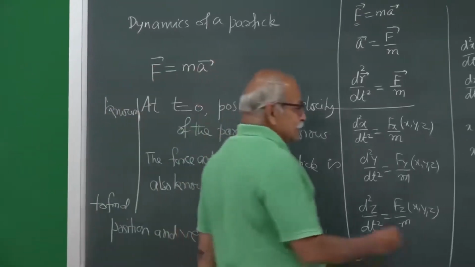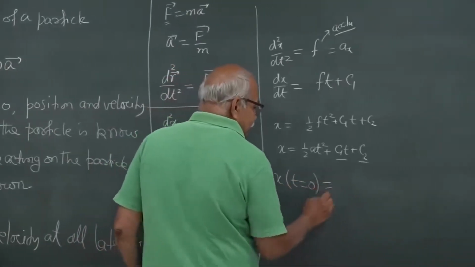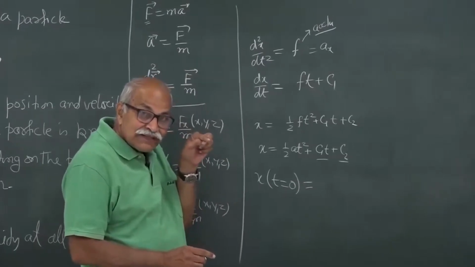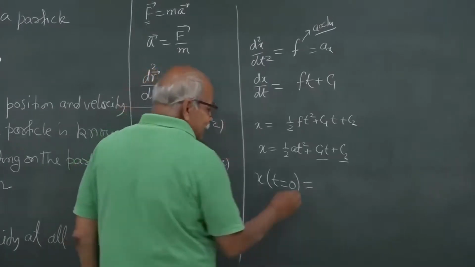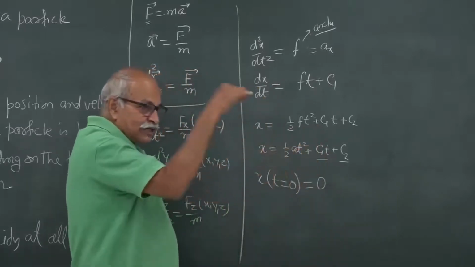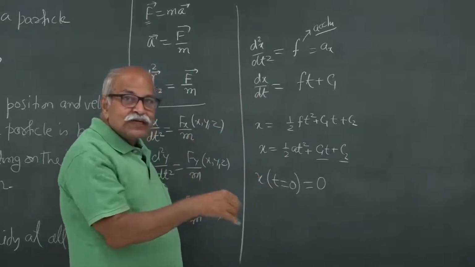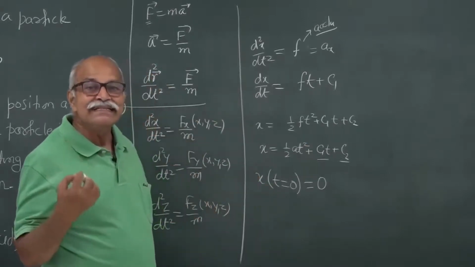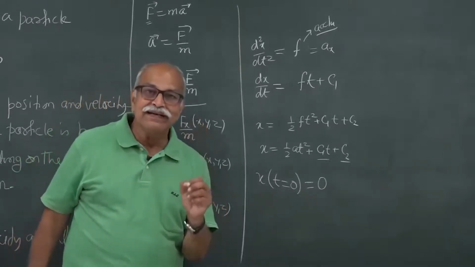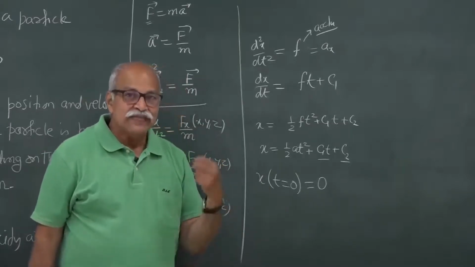So, x at time t equal to 0 is known. I can call this position x equal to 0. Okay. So, that is a standard way. I have chosen this position to be the origin. So, here x is equal to 0, y equal to 0 and z is equal to 0. Just as you can choose a particular instant as t equal to 0, you can choose a particular space point as the origin, x equal to 0, y equal to 0, z is equal to 0.